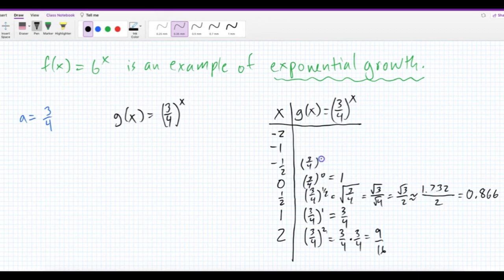Next, 3/4 to the negative 1/2. Okay, this means it's just going to be 1 over 3/4 to the positive 1/2. So what that means is it's going to be the reciprocal of this one here. So it's going to be 2 over radical 3.